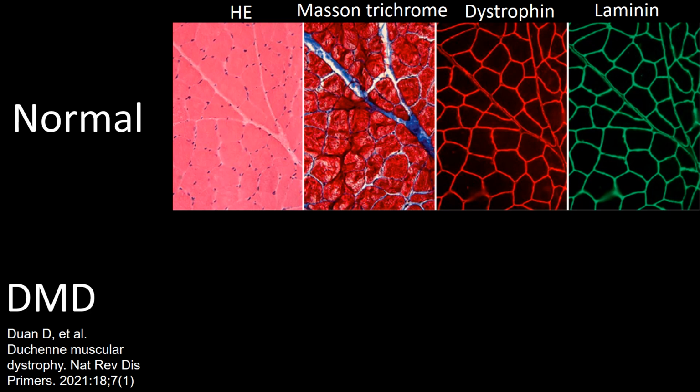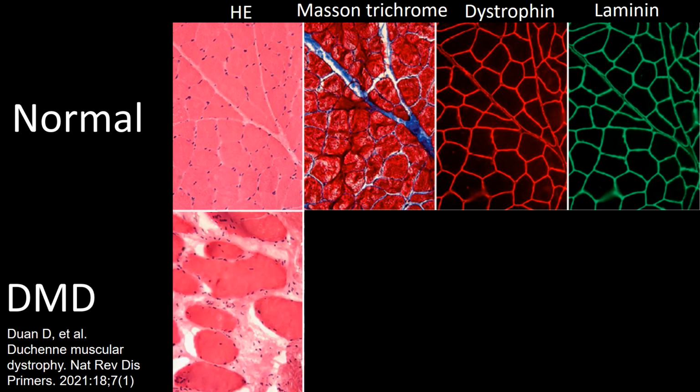In patients with DMD, muscle stained with H&E looks different. You can see nuclei that are internalized here and here and here. The endomysium is thick and curved.